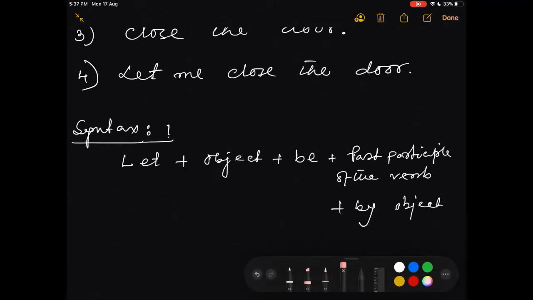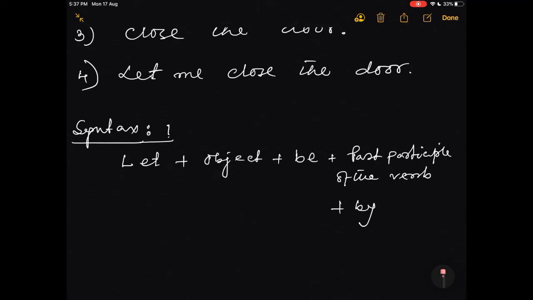Subject in the objective form, by the subject in the object form.